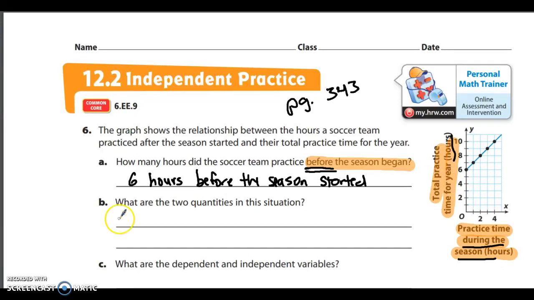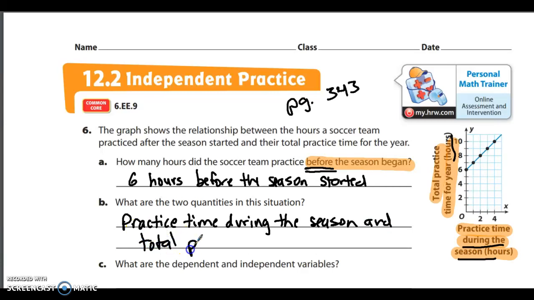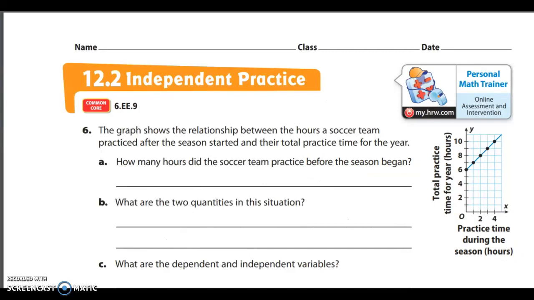So I'm going to say practice time during the season, and total practice time for the year. Okay, let's move on. Got to move my page up a little bit.